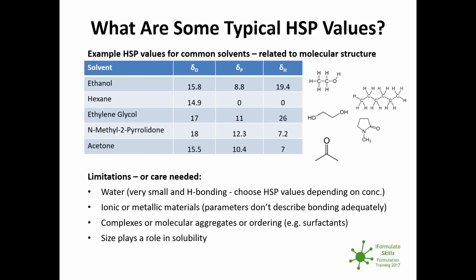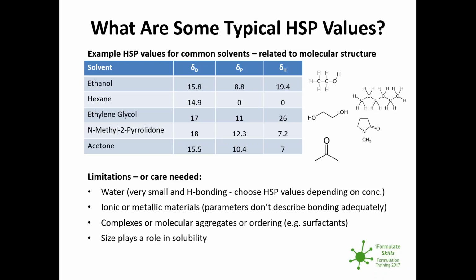The OH group gives it an electrical dipole, and therefore there is a dP number of 8.8. The dH number is quite significant because you've got hydrogen bonding capability with ethanol, so we have both a donor and an acceptor of electrons in the OH group as well.